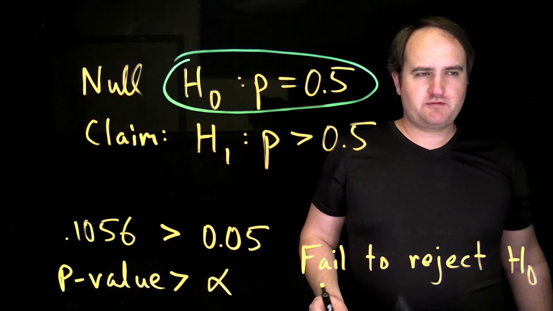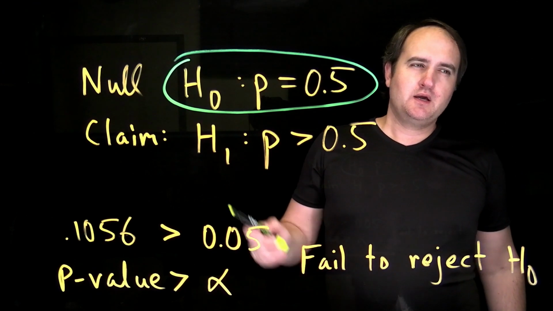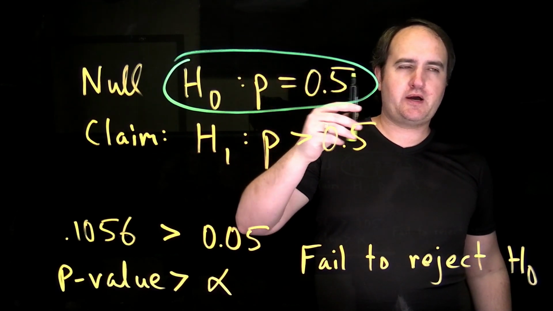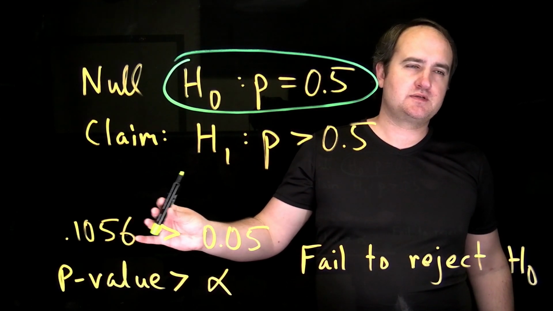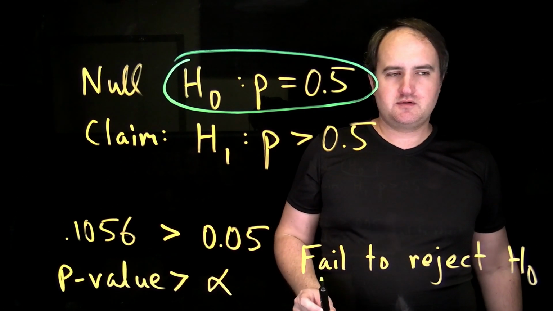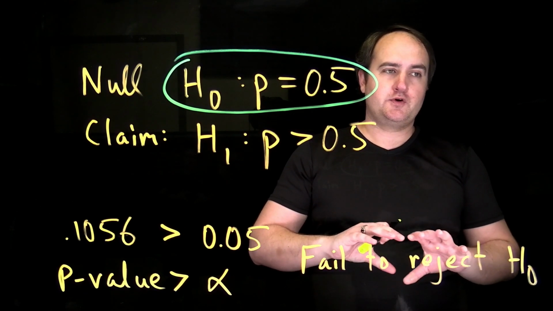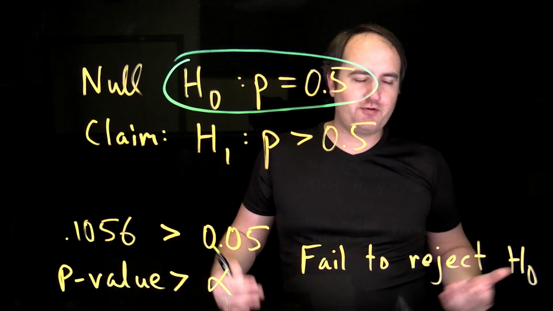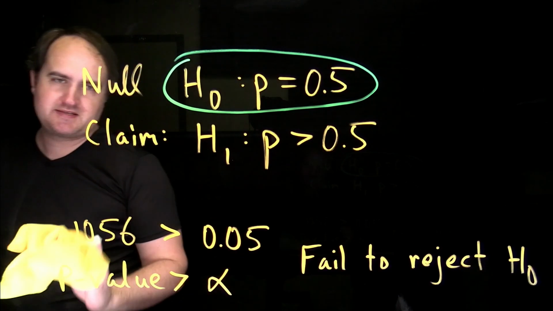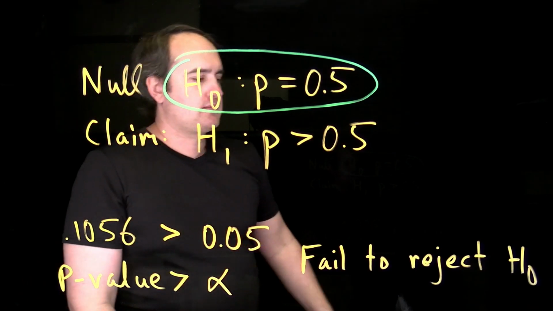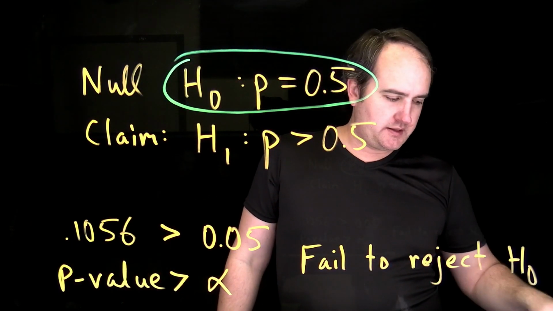That's why they use fail to reject H naught, because you're not really supporting the null hypothesis, but you don't have enough evidence to support your claim, so you can't reject your null hypothesis. In other words, you're not guilty by default. So it's kind of the same idea as that. Okay. Anyway, hopefully that long explanation helped.